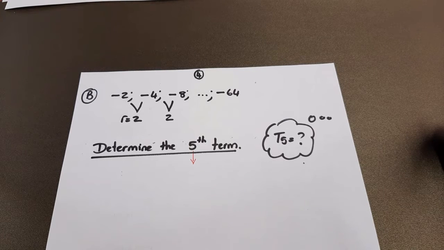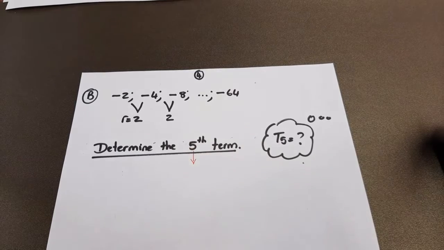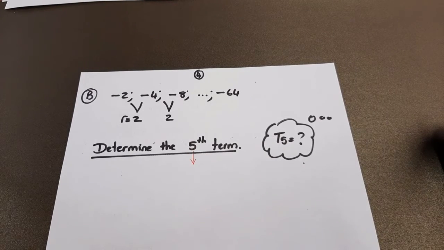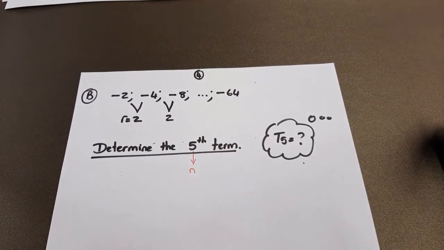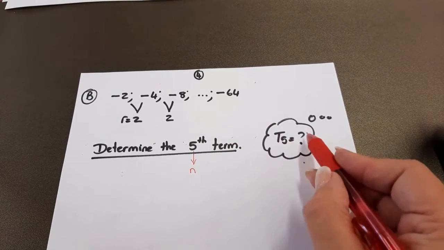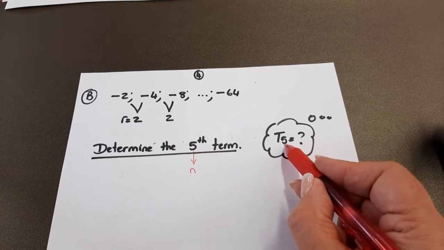In example B, we take the same sequence with the same ratio, and we can also ask you to determine the 5th term. Now remember, if they give you how many terms you need to work out, that represents our n. So T5, we want his value, but the n is 5.